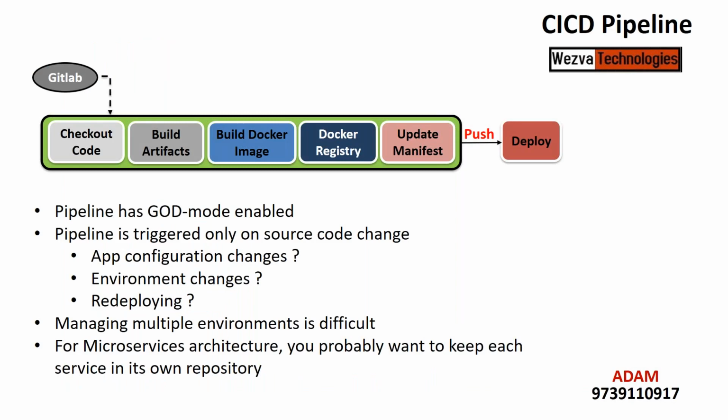Let's come to our CI/CD pipeline. When I say CI/CD, what do we do? Whenever a developer makes a change, we immediately start a build, for which there will be a pipeline.